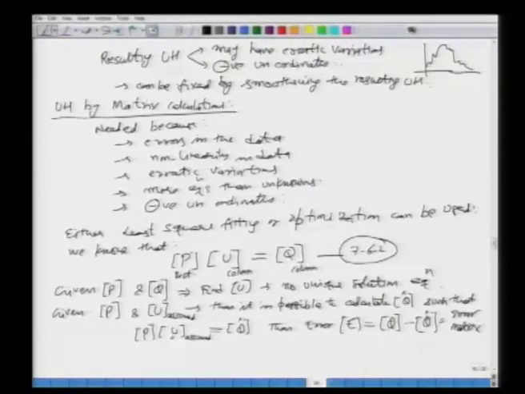The perfect solution is obtained when your error matrix has all zeros. Obviously, it will be very difficult to achieve that, but we try to minimize the entries in your error matrix.